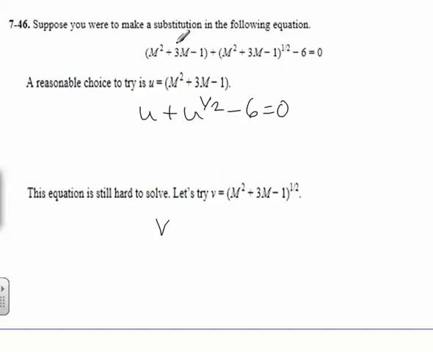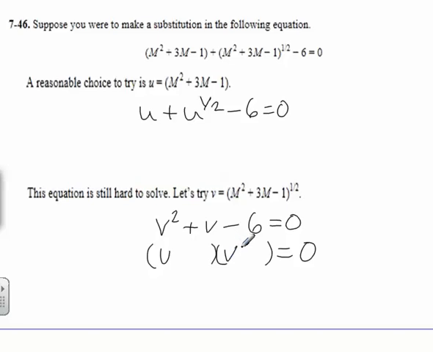This piece would then be v squared, and this piece would be v to the first power, and then minus 6 equals 0. I know it's a strange thing to choose for substitution, but it makes it a lot easier to factor.